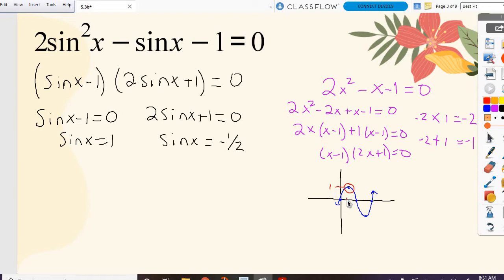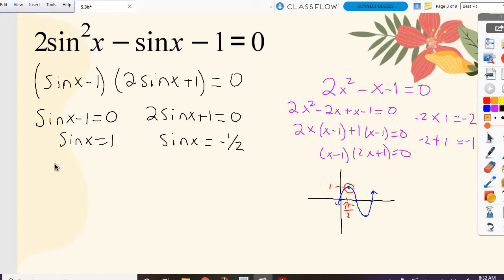So we need the x value where that occurs. Well, if my third 0 is at 2 pi and my second 0 is at pi, I know halfway in between 0 and pi has to be my maximum, which is going to be at pi over 2.